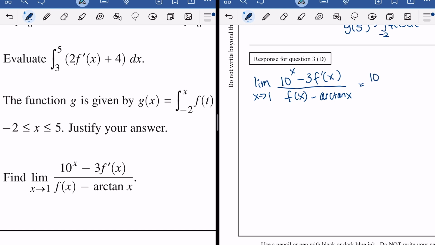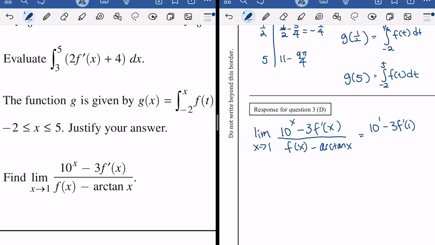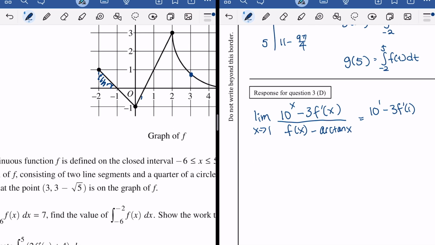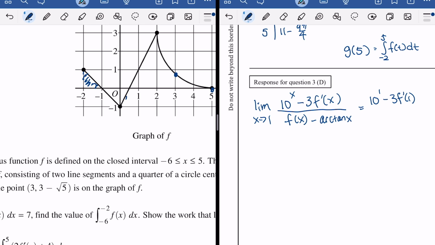So this will be 10 to the first power minus 3 times f prime of 1, which is the derivative at 1 in my f graph, which again you can compute by using rise over run for the slope, over f of 1 minus arctan of 1. And then we need to compute those.